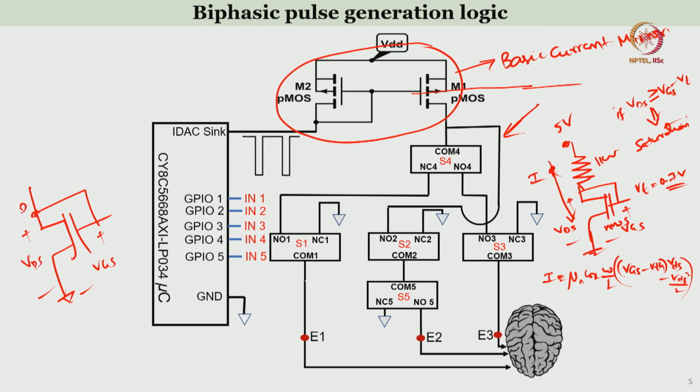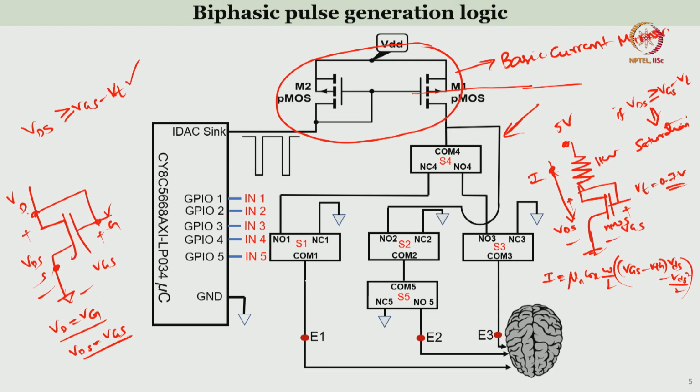This is the drain, this is the gate, this is the source. Now, since drain and gate are shorted, and source is at the same terminal, Vd is equal to Vg, right, because this is Vd, this is Vg, both are shorted. So, obviously, Vds is equal to Vgs, right. Now, you check whether Vds is greater than or equal to Vgs minus Vt or not. If this is true, then the transistor will enter into the saturation region.